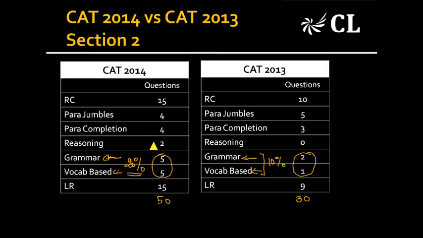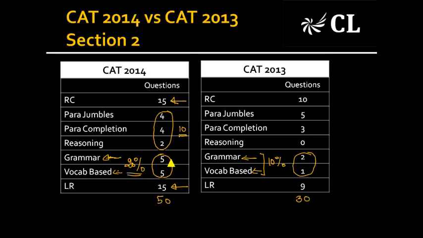So therefore, you have a choice now to make. You can obviously do well in these 10 questions, which basically means that if you want to get to the cutoff, you need your RC and you need your logical reasoning. For some of you, this is really good news, for those of you very good in grammar and vocab.